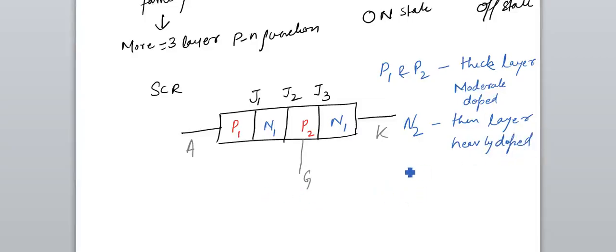And N1 is the thickest of all, but lightly doped.